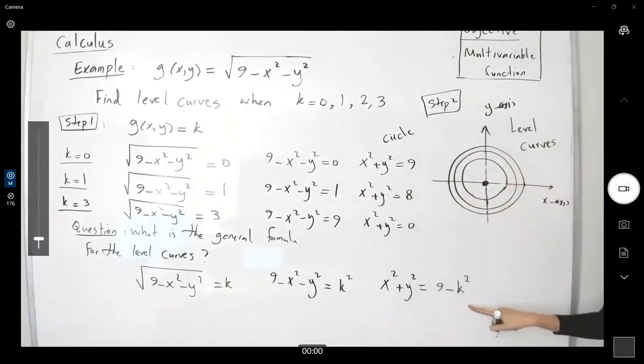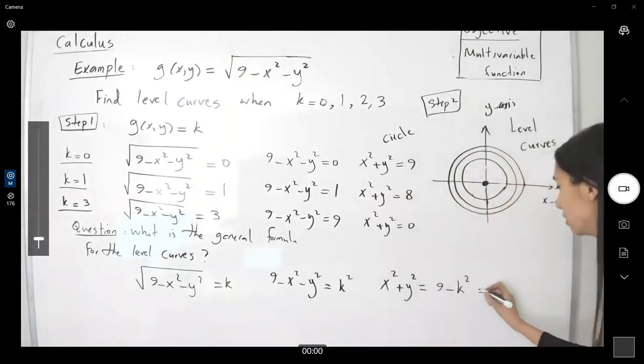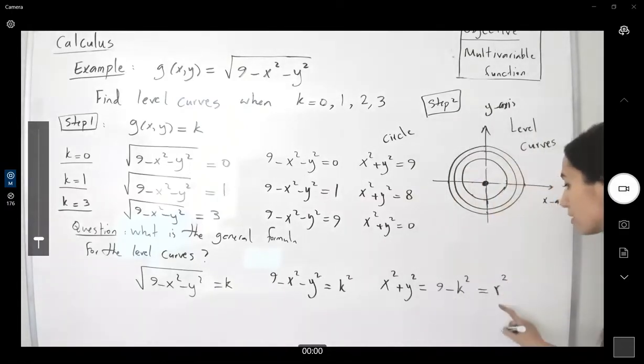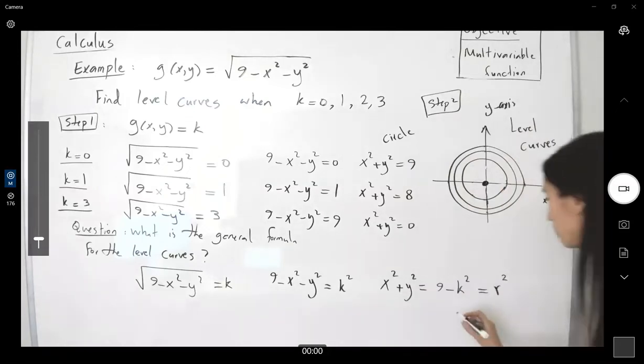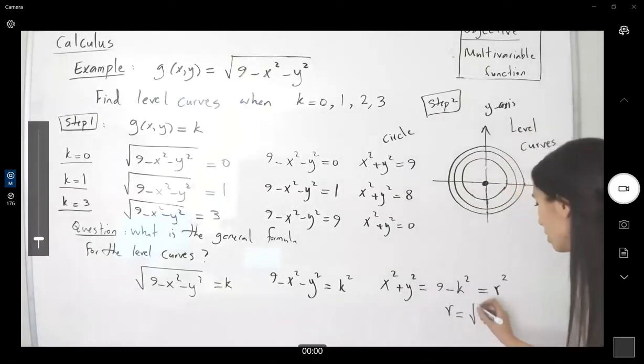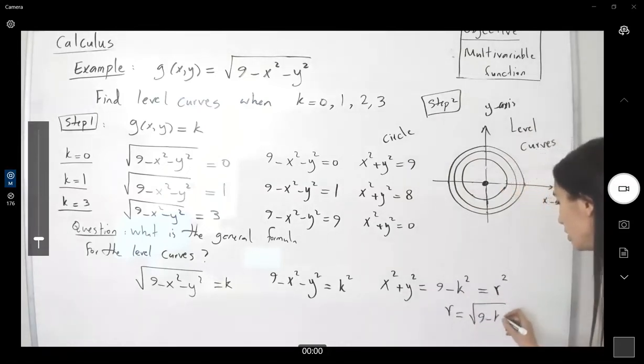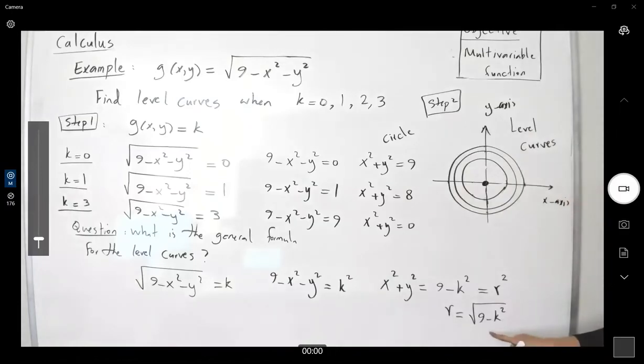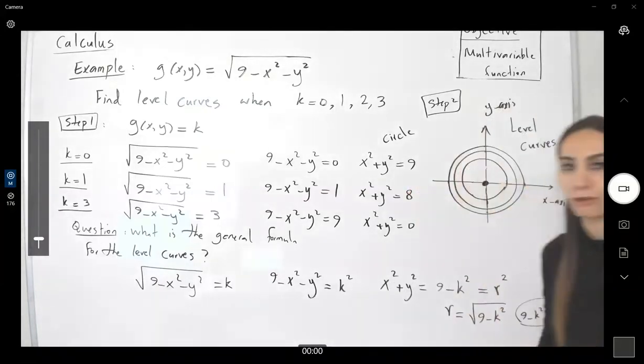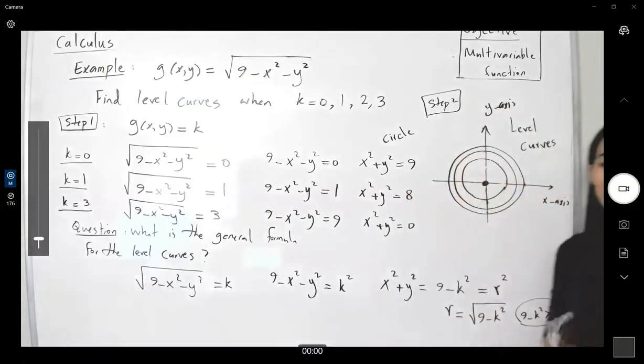Remember that this is equal to r squared, radius squared. So r is equal to the square root of 9 minus k squared. 9 minus k squared must be greater than or equal to 0. Otherwise, you cannot solve this. So you need to have this condition when you write the general formula for your level curves.